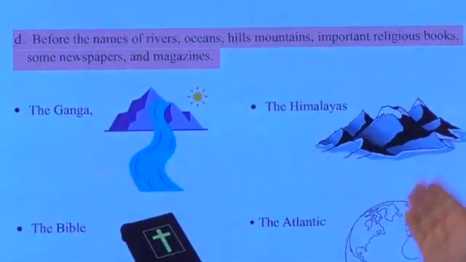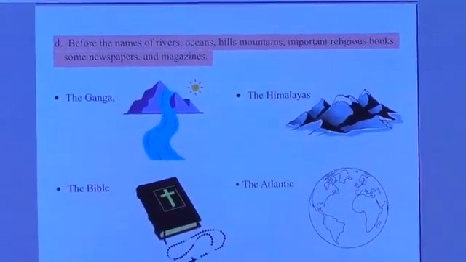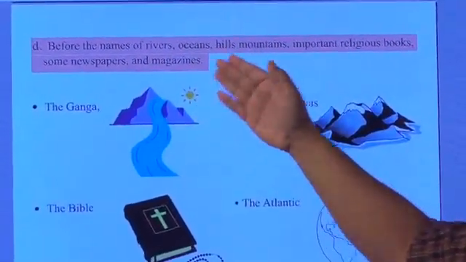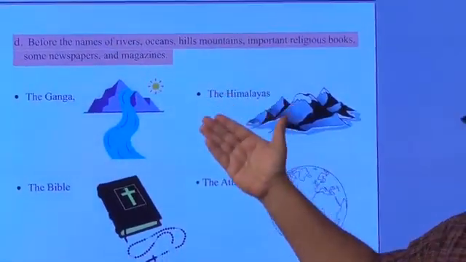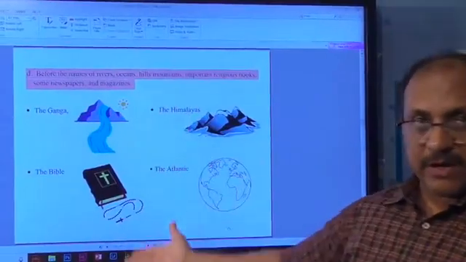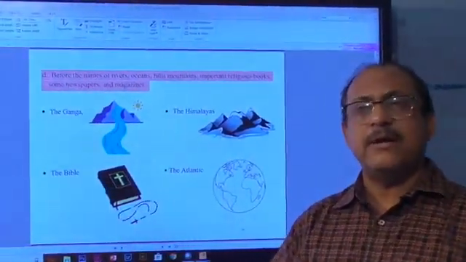Here you have some pictures, and this will simplify your learning. See, the is used before the names of rivers, oceans, mountains, important religious books, some newspapers and magazines. Here, the river: you take river and write the before it.